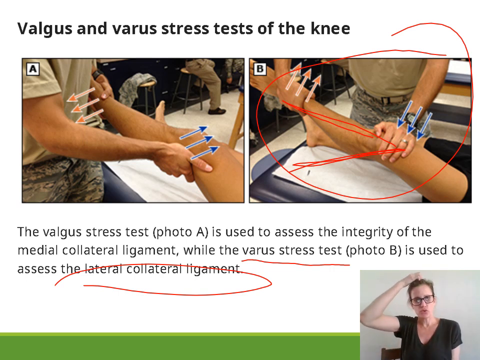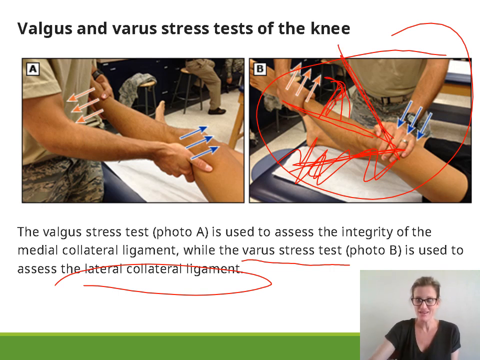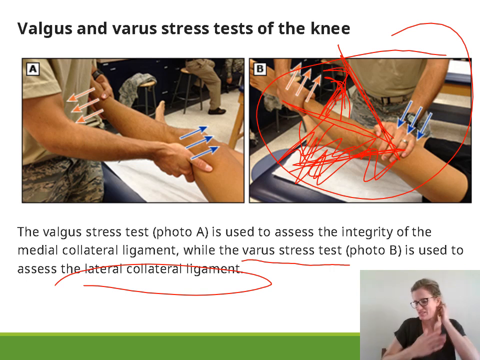This movement out here would be abduction. We're talking about adduction, so that would be movement of the knee in this way. I wasn't paying attention to which side was the midline.